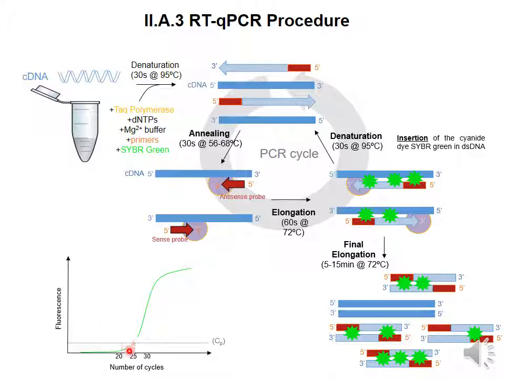The number of cycles needed for the amplification-associated fluorescence to reach a specific threshold level of detection is inversely correlated to the amount of nucleic acid that was in the original sample. This means that the sooner we see signal coming, the more cDNA there was for a particular transcript of interest.